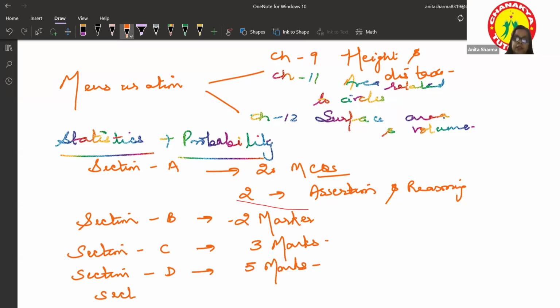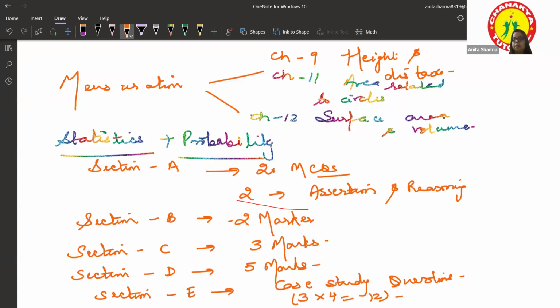And section E, case study questions are there. 3 questions will be there of 4 marks each. So the section is of 12 marks.